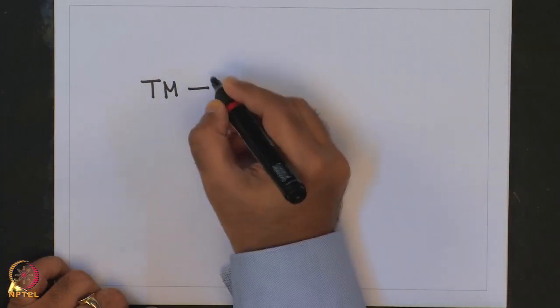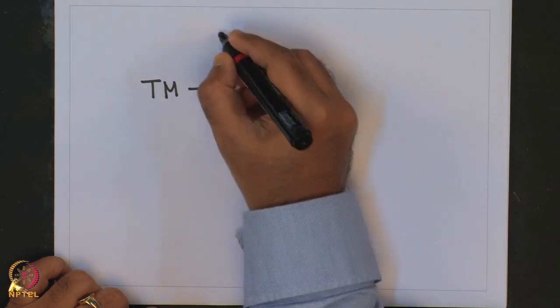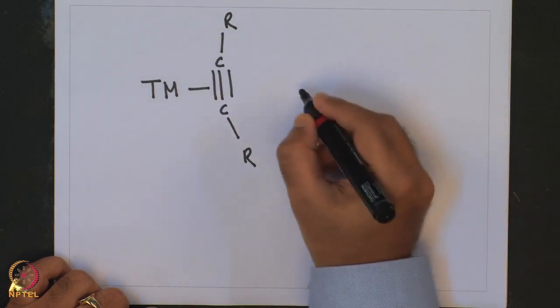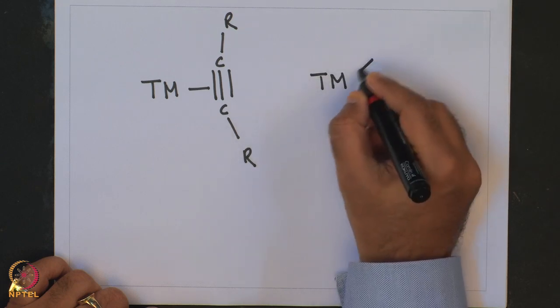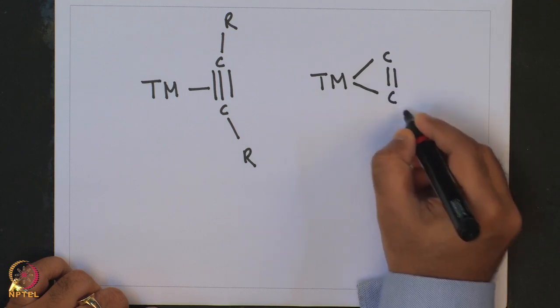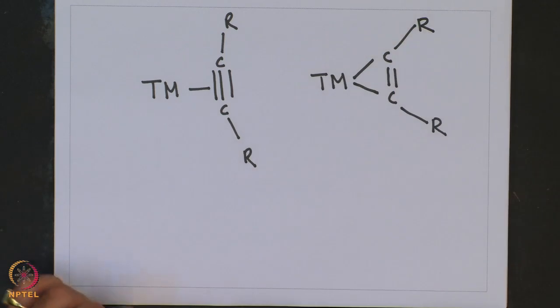And what we had seen is that these transition metal alkyne complexes can be designated as something of this type, or something of that type.